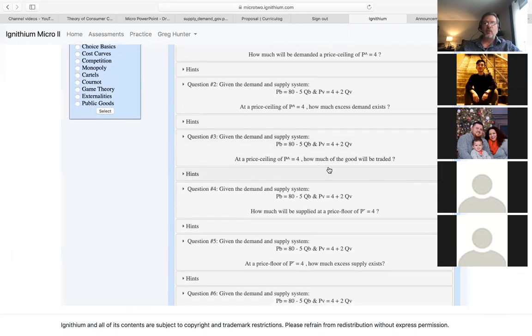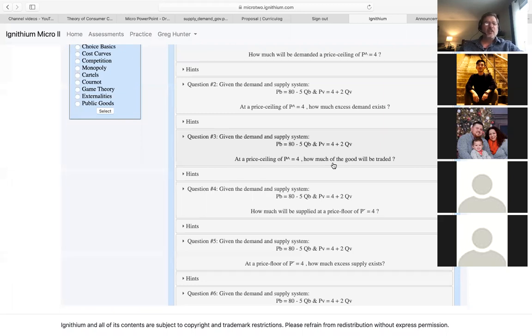If we look at question number three, it says, how much of the good will be traded? This is just a little check. Assuming that you have a binding price ceiling, then you're going to have excess demand. If you have excess demand, that means the quantity demanded is greater than the quantity supplied.